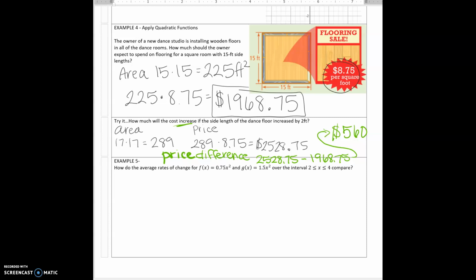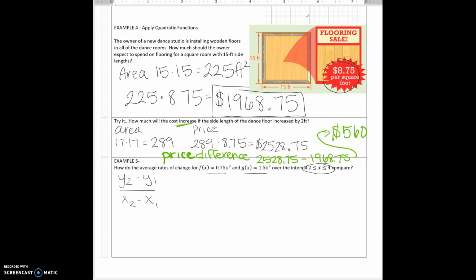Okay, last example, and then we are done for the day. How do the average rate of change for this and this compare over the interval of 2 to 4? So to find the average rate of change, remember that we need to do y2 minus y1 over x2 minus x1.